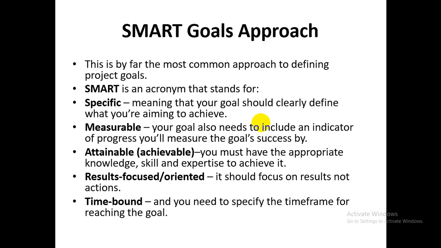Then with measurable, we said your goals should also include an indicator of progress. You will measure the goal's success by it. So if the goals do not show the progress, then those goals may not be achievable or attainable.